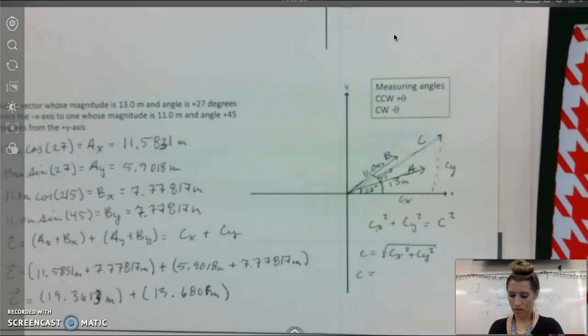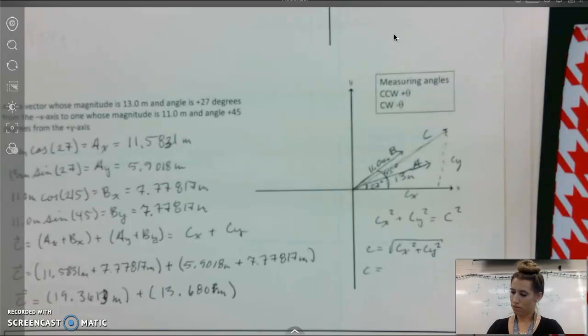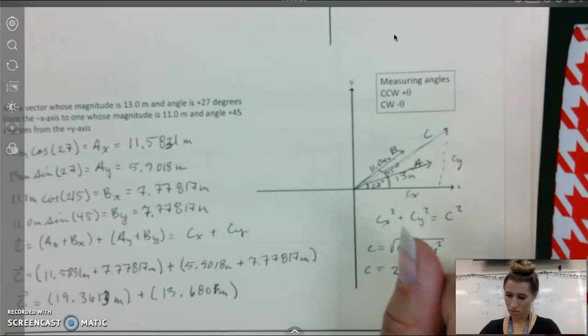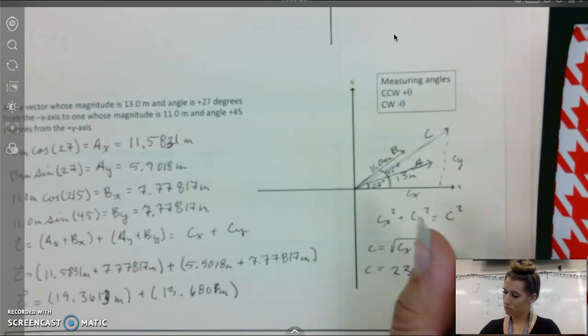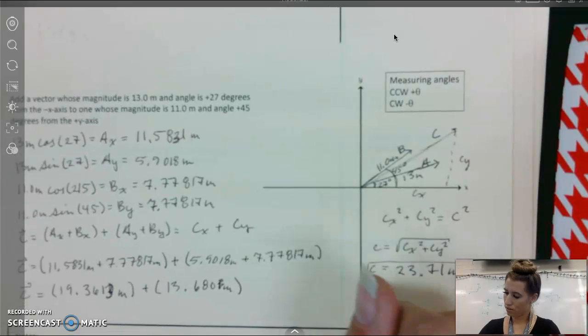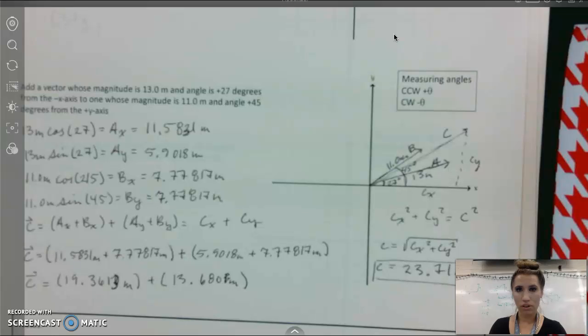I'm going to take the square root of c sub x, which is that 19 number, square that, and add that to my c sub y, making sure I square that. And my final answer is 23.71 meters. Okay, so that's the magnitude of our resultant.